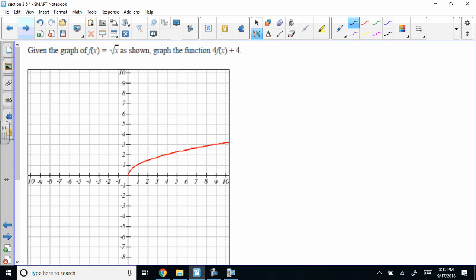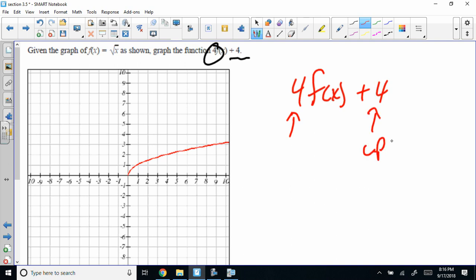Okay. All right. So, I know what this plus 4 is, but talk to me about that one. What does that 4 f of x do? We know that that's up 4, a vertical shift of 4. So what does this do?